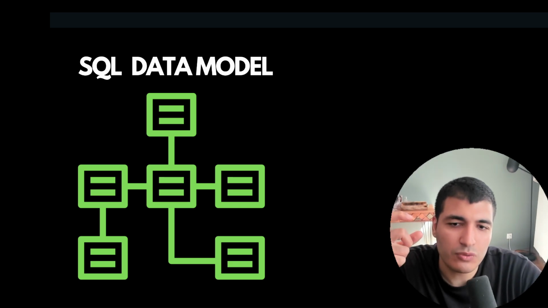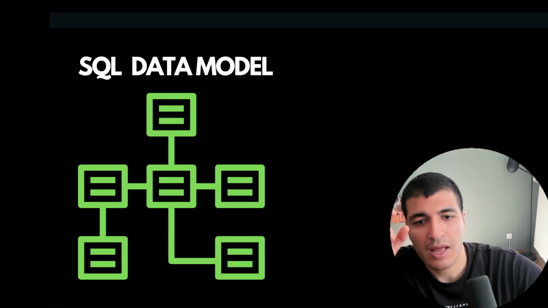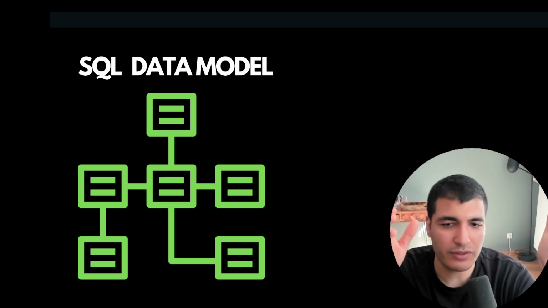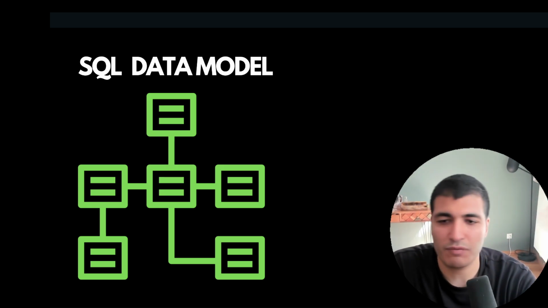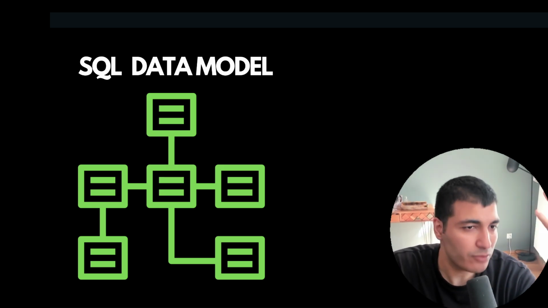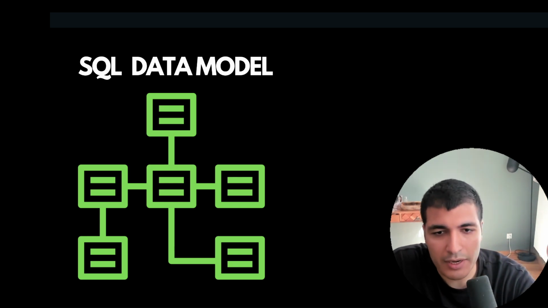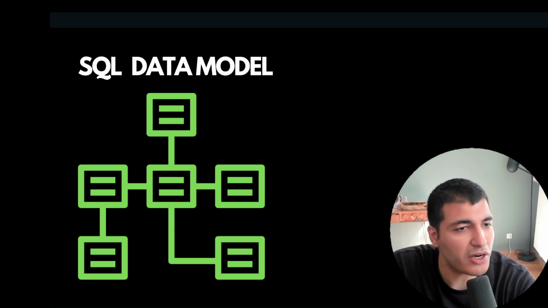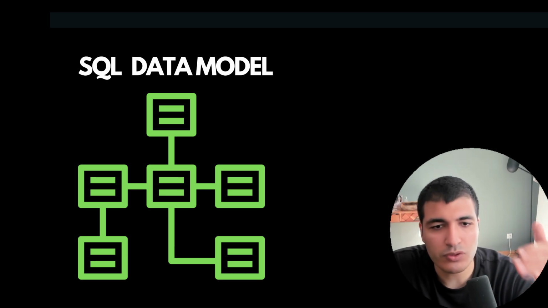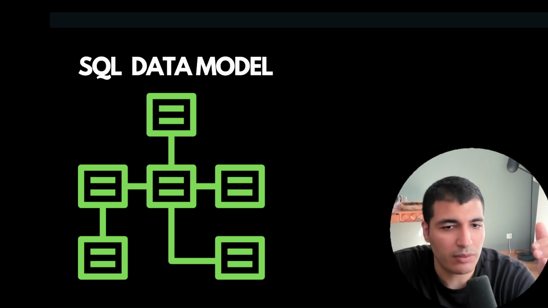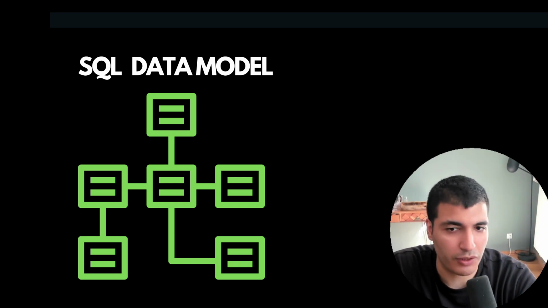This allows you to establish a clear relationship between different sets of data and perform complex queries that join information from multiple tables. How does this work? Let's take an example to understand. For example, in a user management system, you might have a users table with user details and an orders table which stores order information.